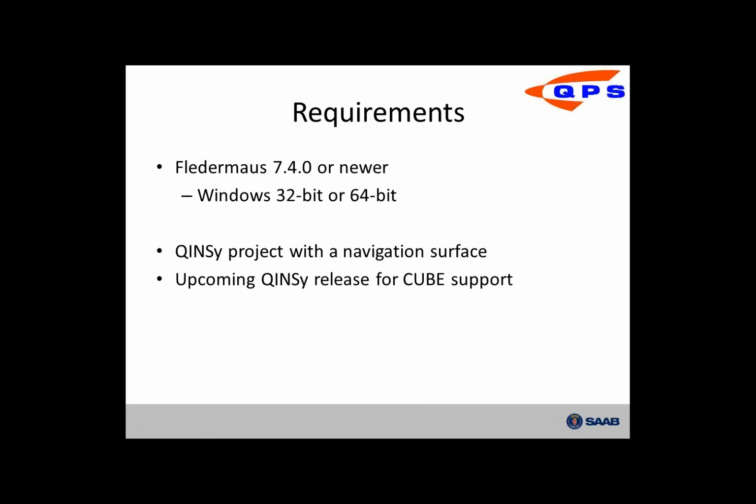So that'll be any day now. It'll be an intermediate release of Quincy, and that'll enable the creation of Cube. Once that Cube surface is created, you'll be able to work with that in Fledermaus just like you can with a Cube surface with a PFM.